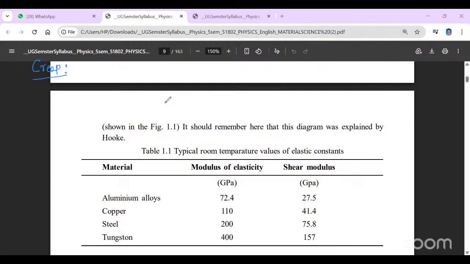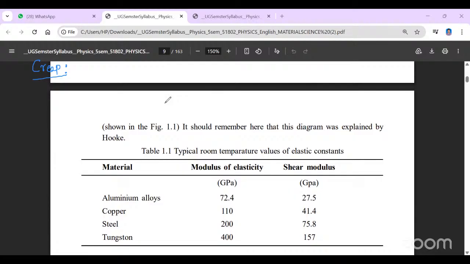Creep is nothing but when we take any metal or alloy, and this metal or alloy is undergoing some constant load or some stress continuously, then it may undergo some deformation over a period of time.